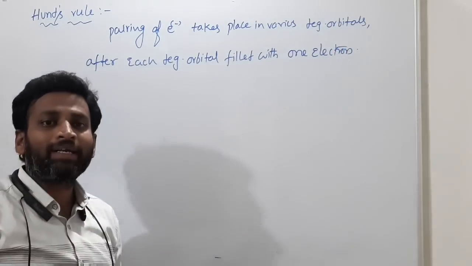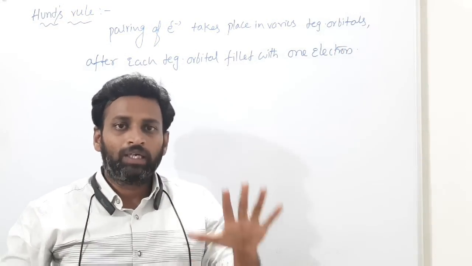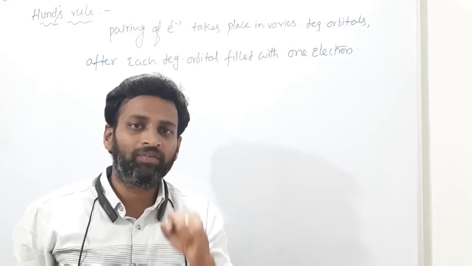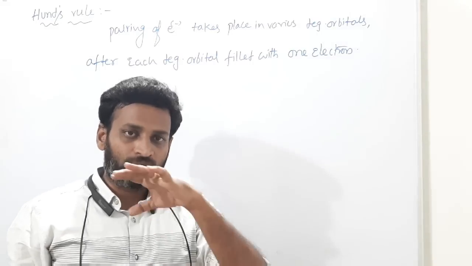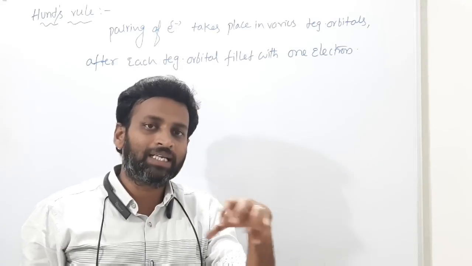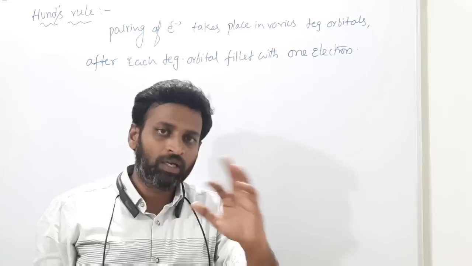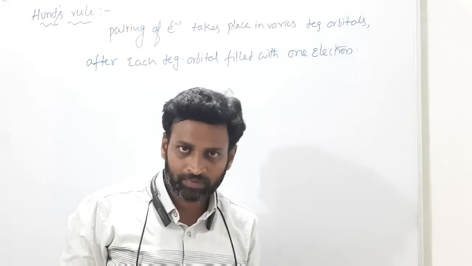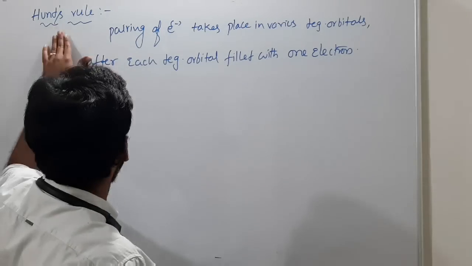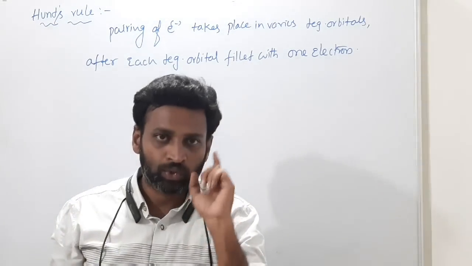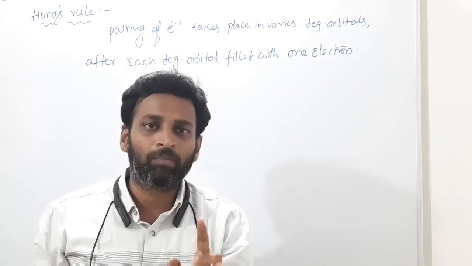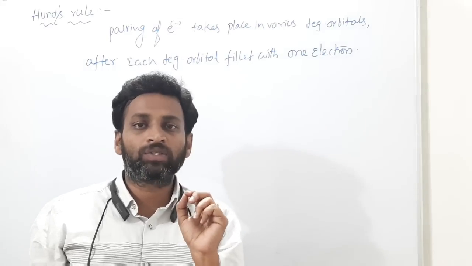So when pairing takes place, suppose the d subshell consists of 5 degenerate orbitals. After each degenerate orbital is filled with one electron, then only pairing takes place. What Hund said is very, very important, so that in a particular atom we can understand how many unpaired electrons are present.